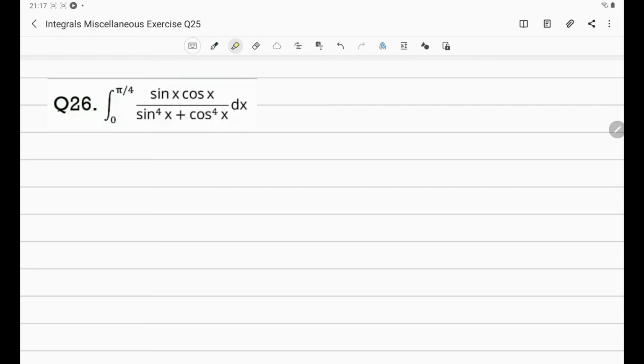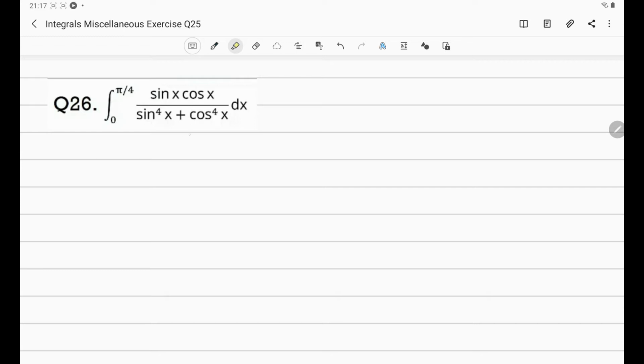So in the numerator we observe we have sin x cos x, and whenever we have the numerator as a product of sin x cos x, we have to think that this is the derivative of the term which is either sin square x or cos square x. So if we take sin square x as t, we get the derivative of sin square x as 2 sin x cos x.